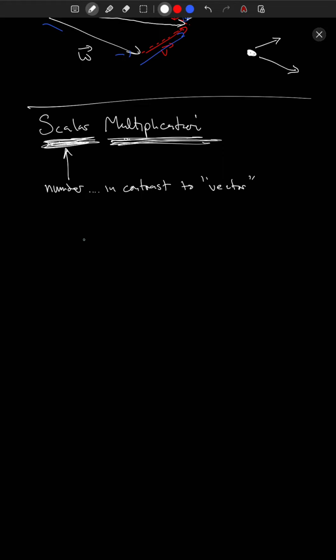For example, if I have a vector like this, v, the question is, what is the vector 3 times v? Normally we just write that as 3v. But what would that be?